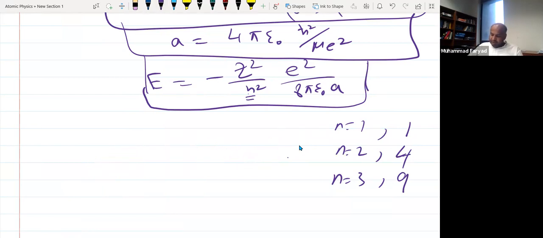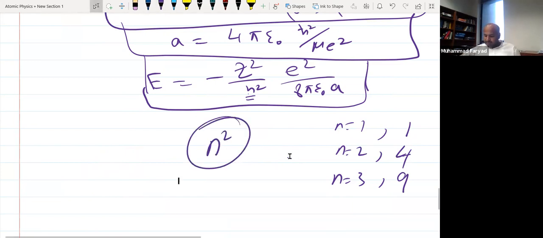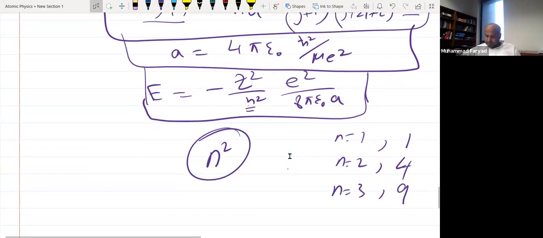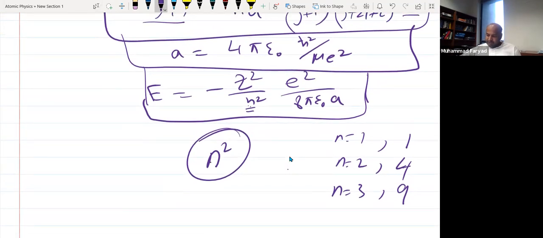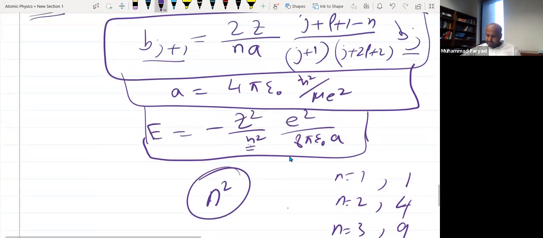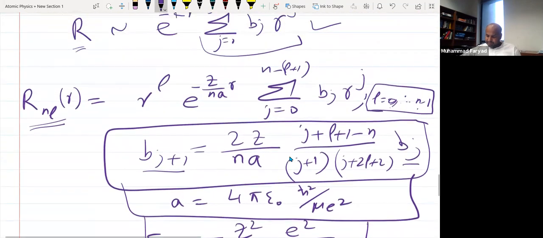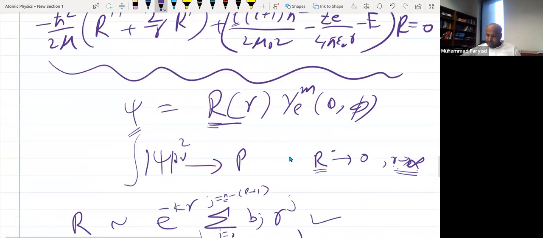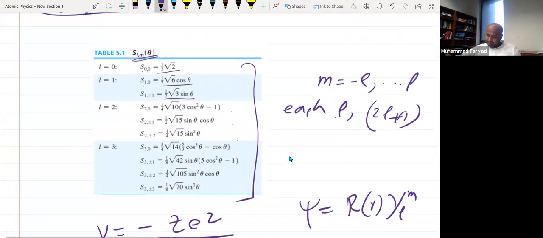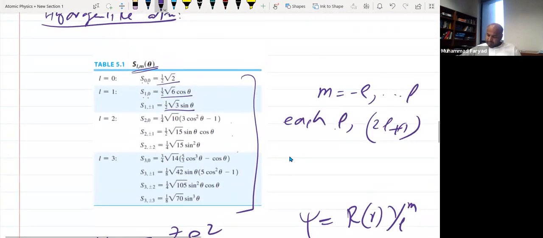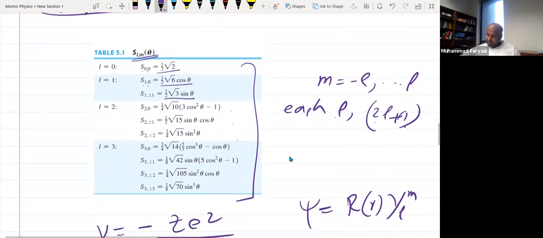For each value of n, there should be n square possible values.